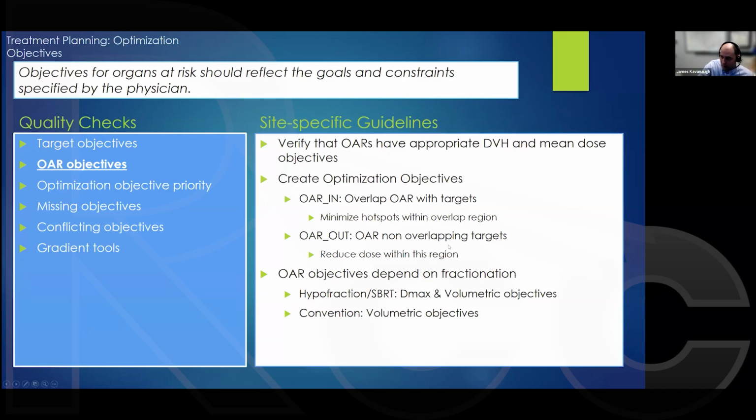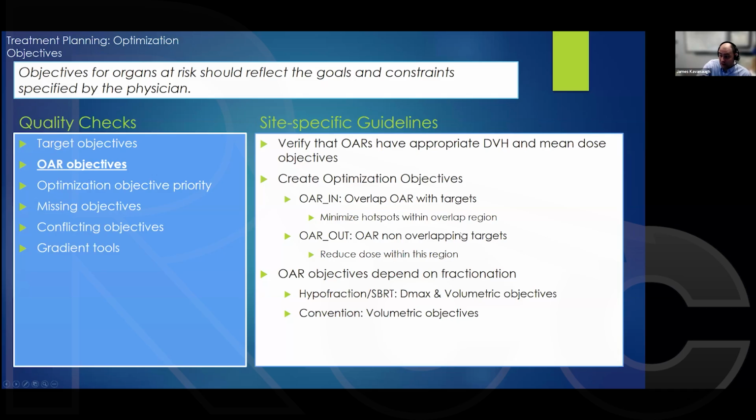And the part of the OAR out of the target is where they really drive the dose down as low as possible. Now, there are many other ways you can approach this, so you don't have to do it this way, but this is one mechanism by which you can control the dose to the OARs in two different ways. Make sure you're getting prescription still, but driving as low as possible.